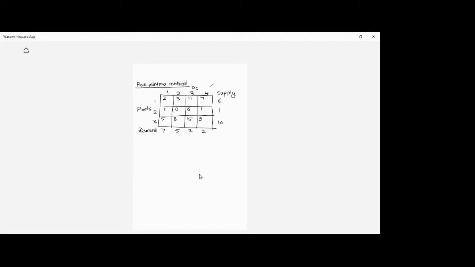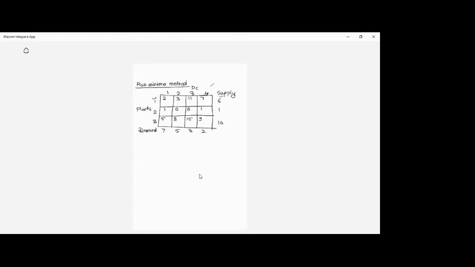So let's understand it with the help of this data set, and then let's see if you have understood this or not. So let's consider our row number 1, which is for our plant 1. The supply that we'll have to provide is 6 million liters. Irrespective of any method, we have to consider the constraints for supply as well as demand.